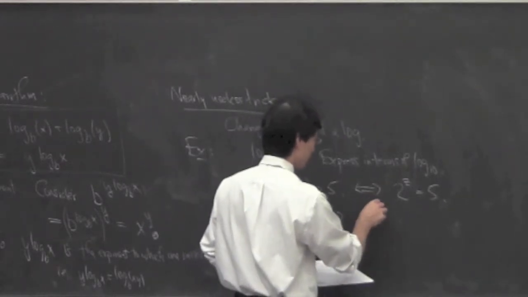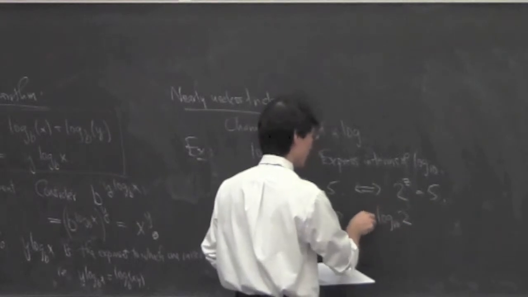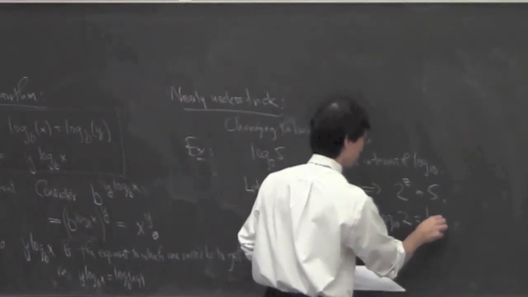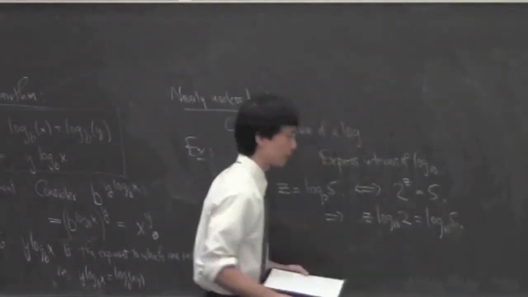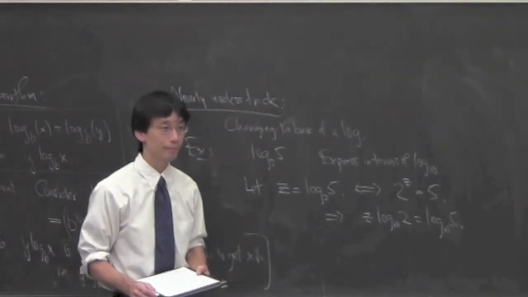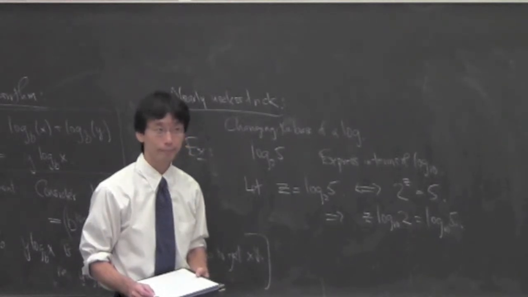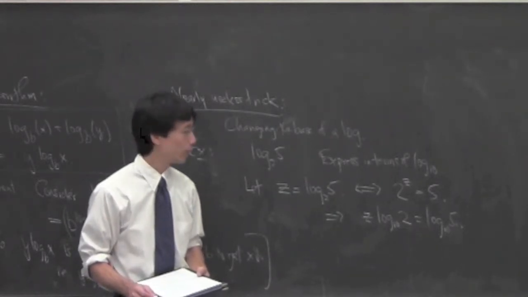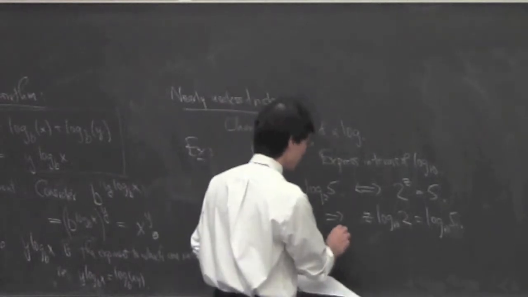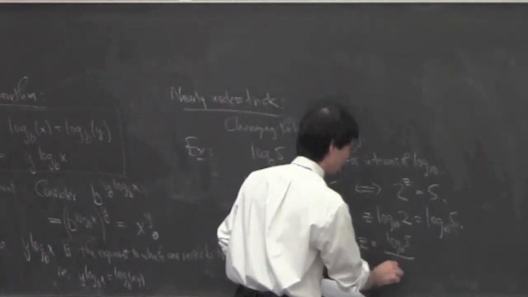So I get log base 10 of 2 to the z. I pull the z out. Log base 10 of 5.